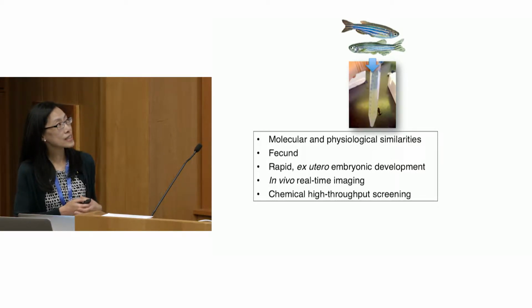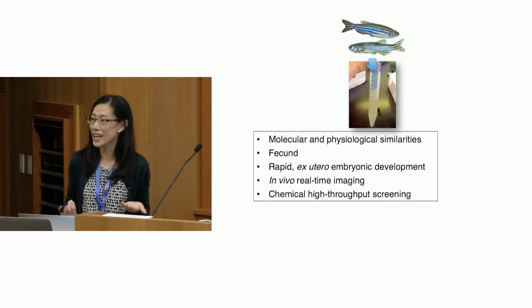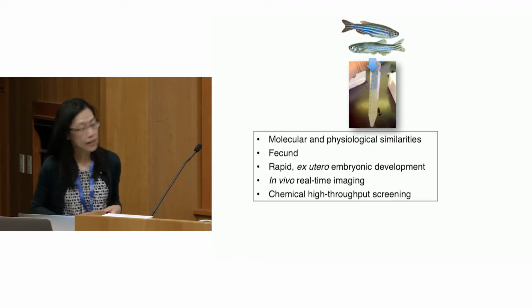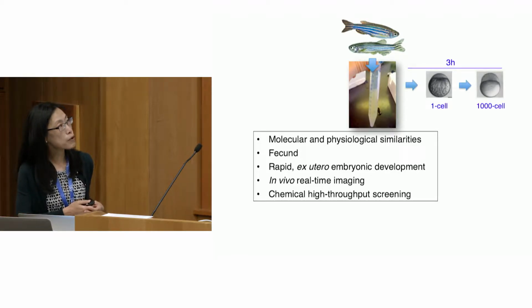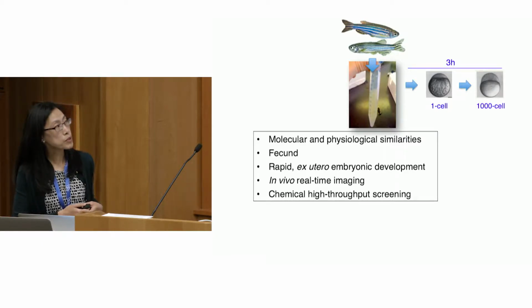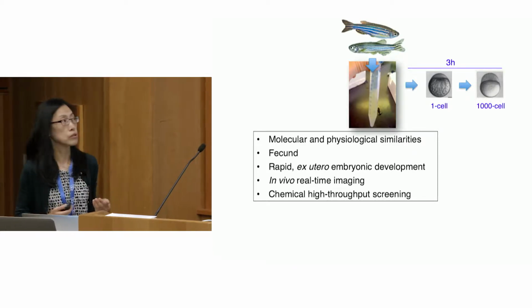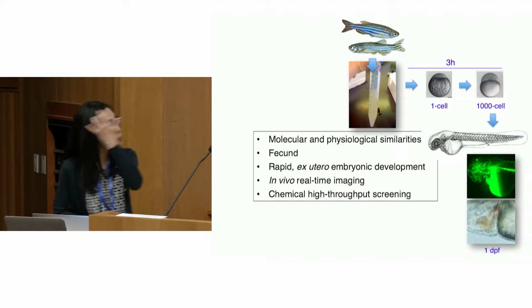For example, this conical tube contains about 10,000 zebrafish embryos that we can collect in one morning. And zebrafish also have very rapid ex utero embryonic development. And because their embryos are transparent, they enable in vivo real-time imaging during their development.